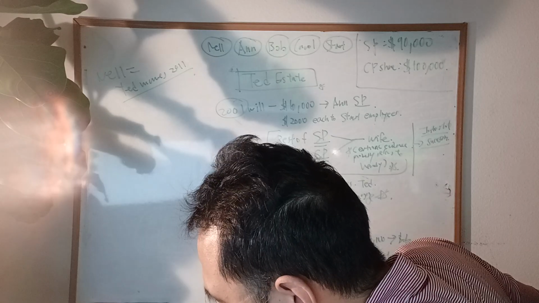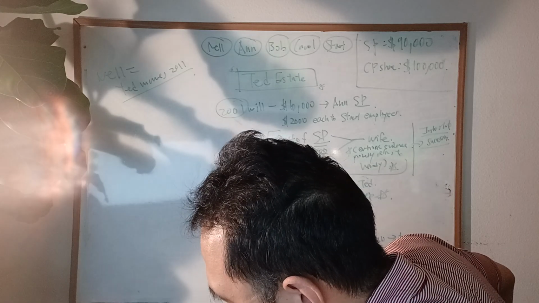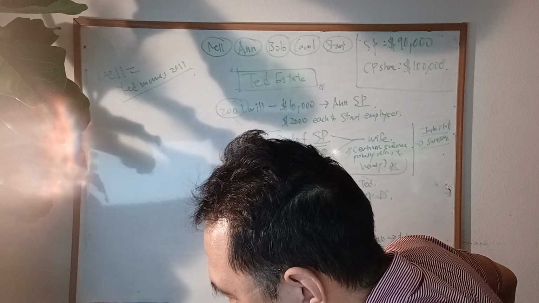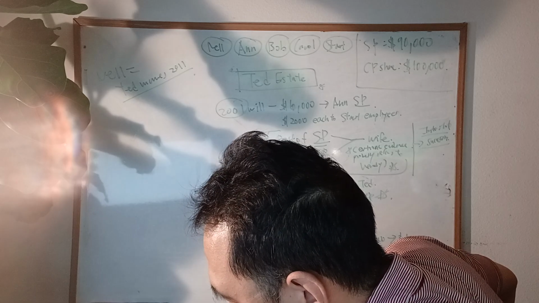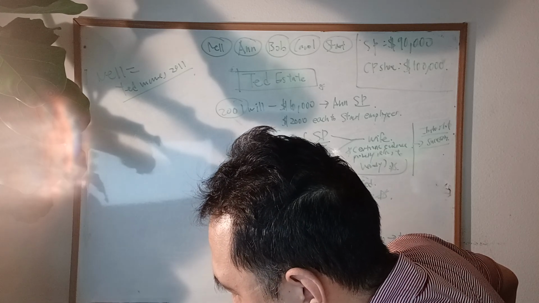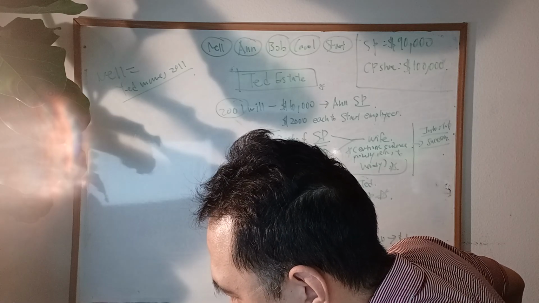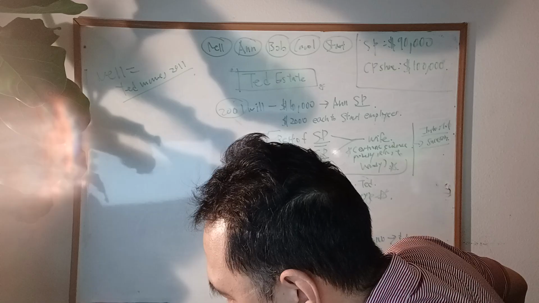Now, the issue here is that there is a valid codicil to his 2001 will, stating that I hereby bequeath $10,000 of my separate property to my beloved son, Bob.